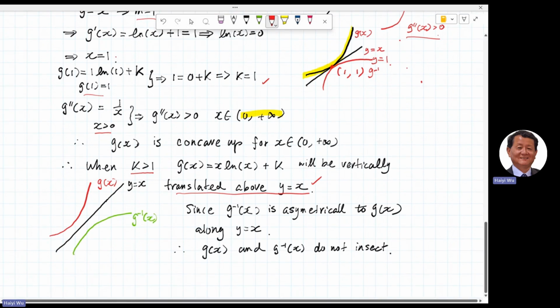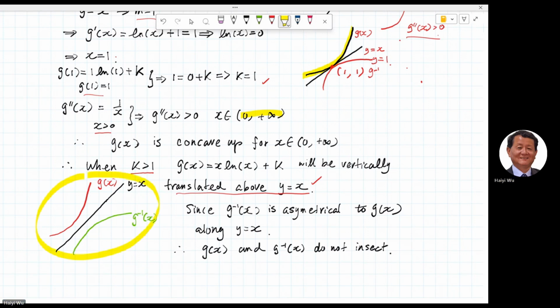Since the inverse is also symmetrical to g(x) along y equals x, g and the g inverse do not intersect. That's the situation we are talking about. So that's proved. So k must be greater than 1, so that g(x) and the g inverse do not intersect.